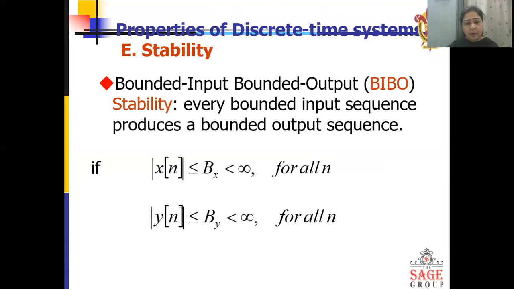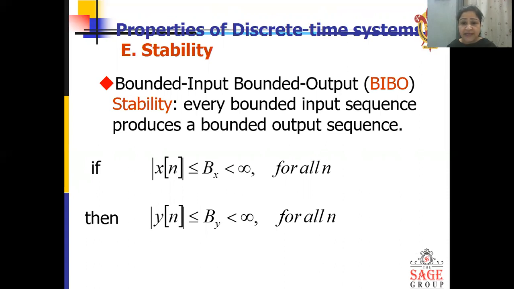Now, the next property is the stability property. A signal is a bounded signal if it has a finite amplitude at every instant of n. Here we will consider the BIBO stability property. That means if my input sequence is a bounded sequence, then it should produce a sequence which should also be bounded.